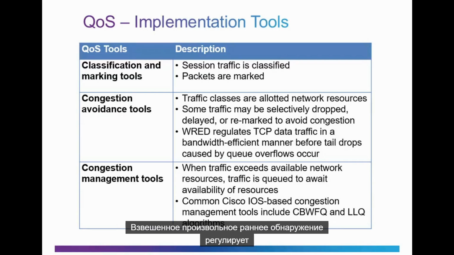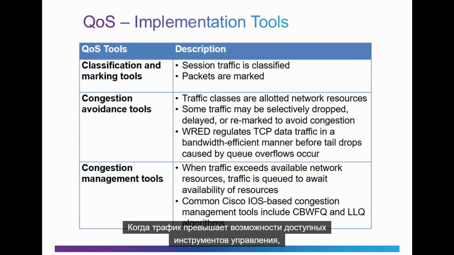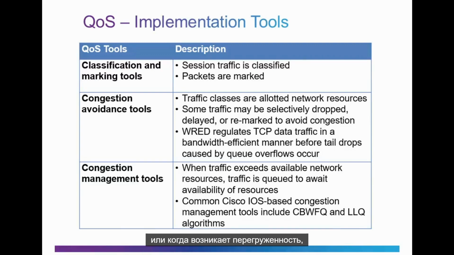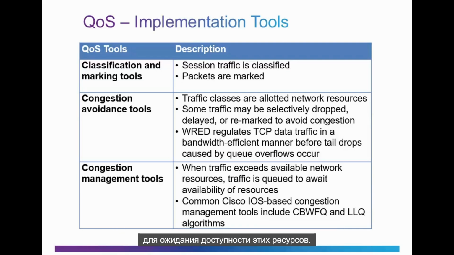Weighted random early detection regulates TCP data traffic in a bandwidth-efficient manner before tail drops caused by queue overflows, basically congestion, occurs. And under congestion management tools, when traffic exceeds available network resources, or we have congestion, then traffic is queued to await the availability of those resources.